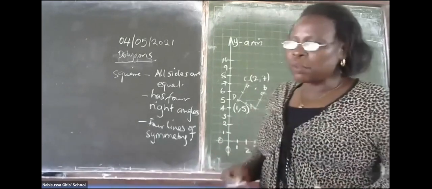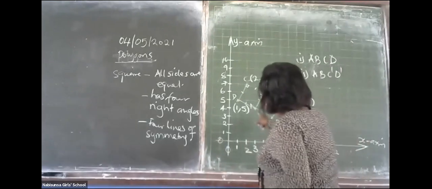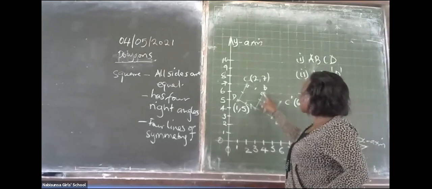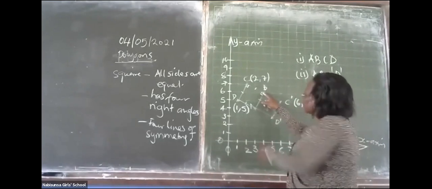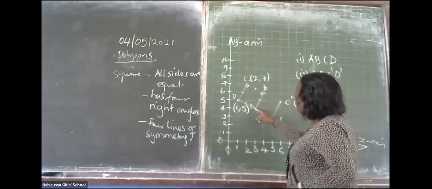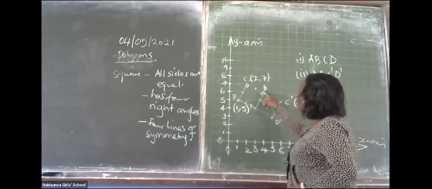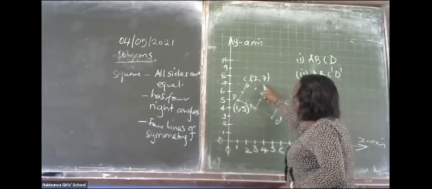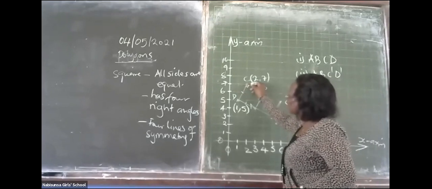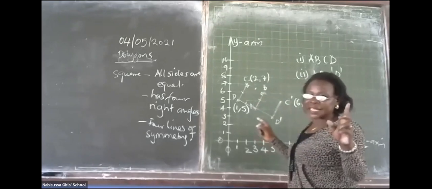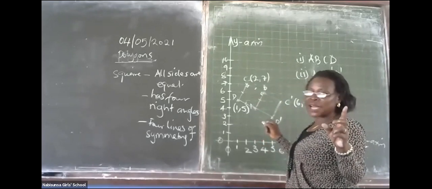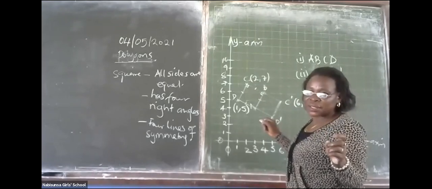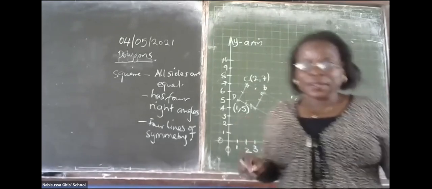One way of obtaining the 90 degrees: if I've taken one step across and 2 steps upwards to draw the other line, the steps I took across are the steps I make upwards, and the steps I took upwards are the steps I make across. Then locate the point. It works only for 90 degrees. Is that okay?